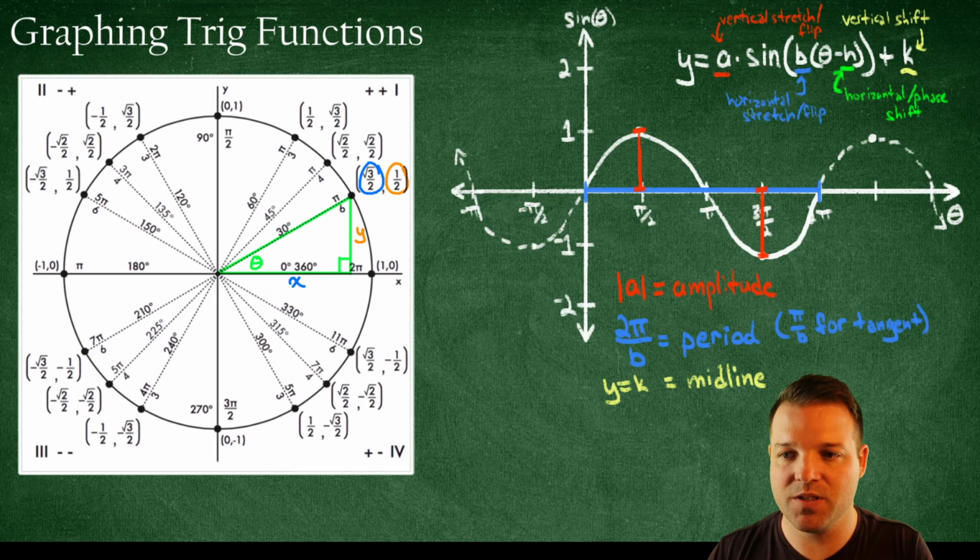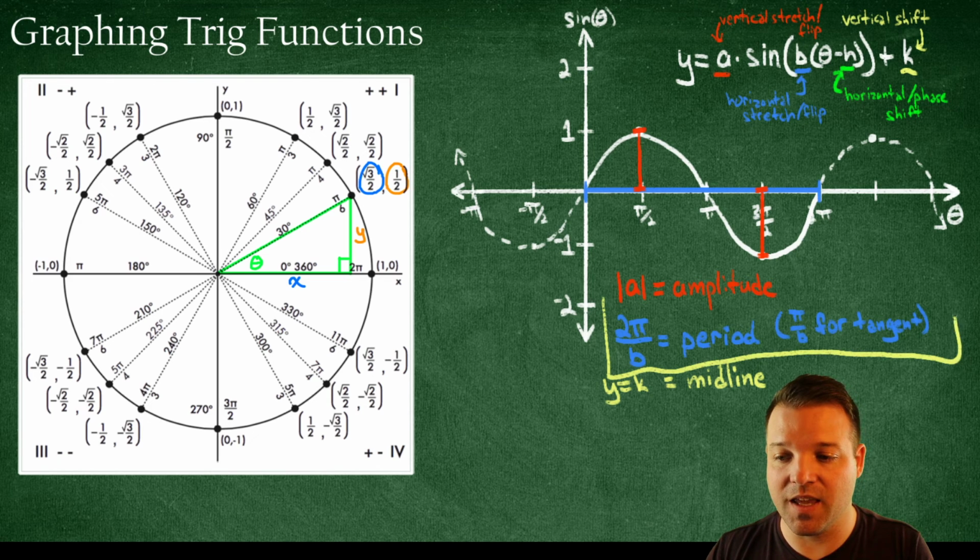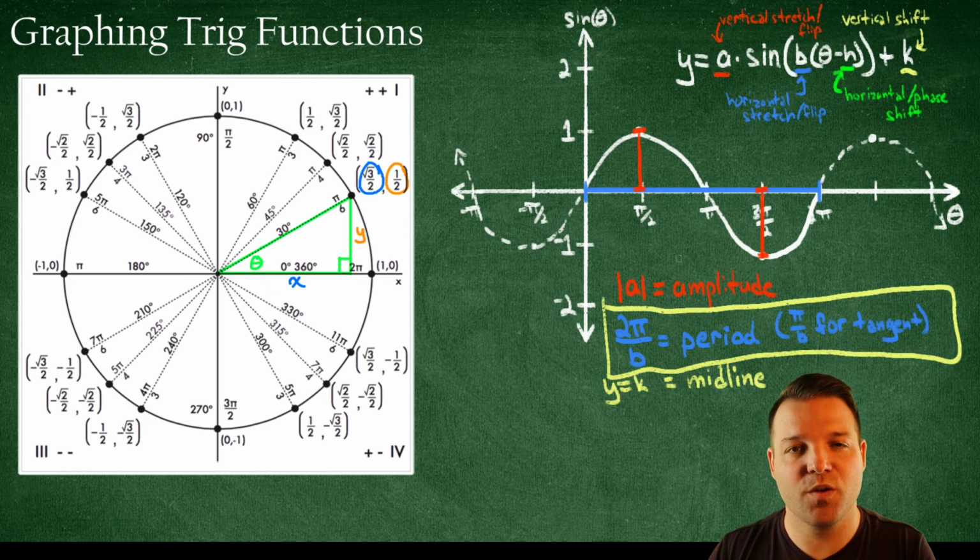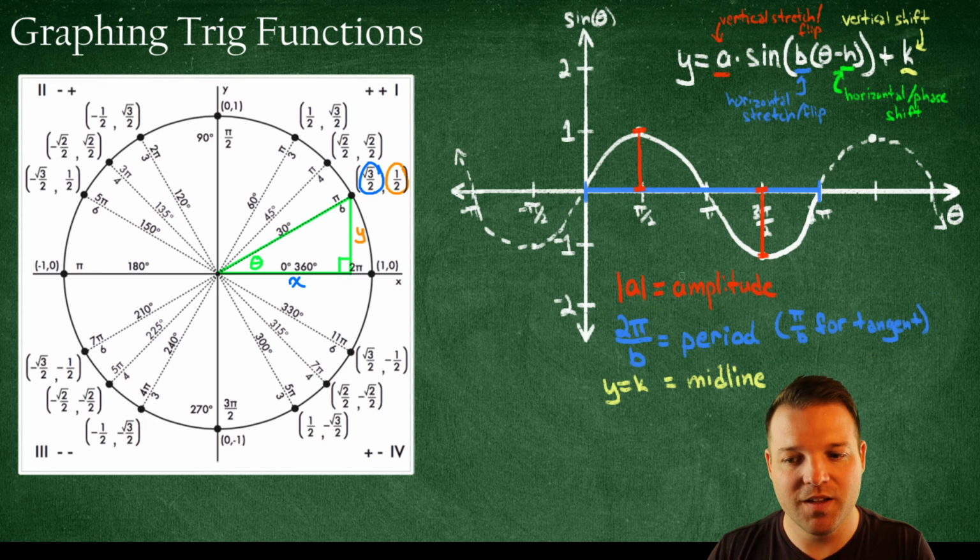That is the amplitude. Also, we can use b to calculate the period. So for sine and cosine, the period is equal to 2 pi divided by b. For tangent, the period is pi divided by b, because remember the tangent has half the cycle of the sine and cosine.